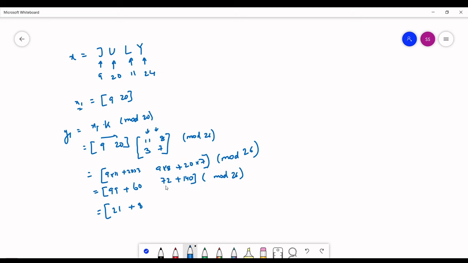Similarly, 26 into 3 is 78, so 72 minus 78 is minus 6, plus 26 into 5 is 130, so 140 minus 130 is 10, mod 26. So here you will get 21 plus 8 is 29, 29 minus 26 is 3, and 10 minus 6 is 4, mod 26.